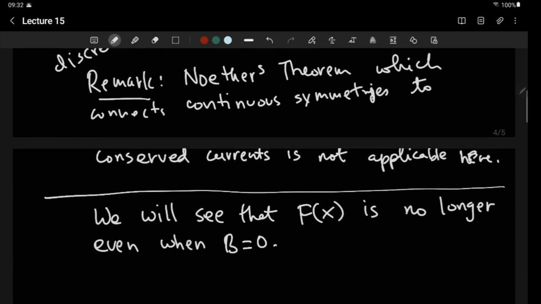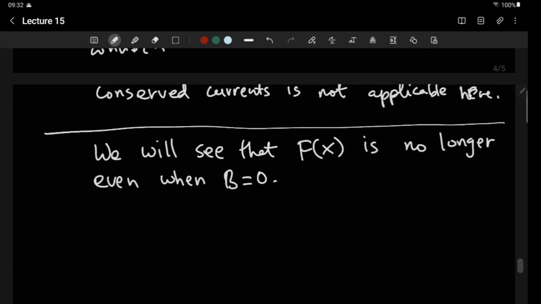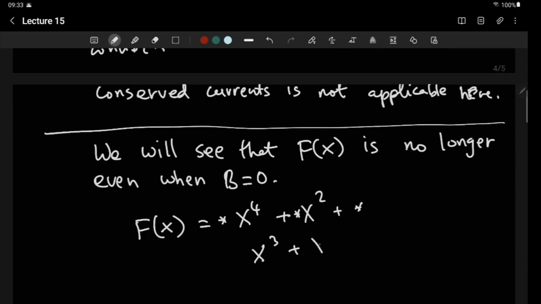If you think of f of x as some power series, originally we had x to the power 4 plus x squared with some terms plus maybe a constant, but now we will get terms which depend on b also. There will be new x cubed and x terms which appear.